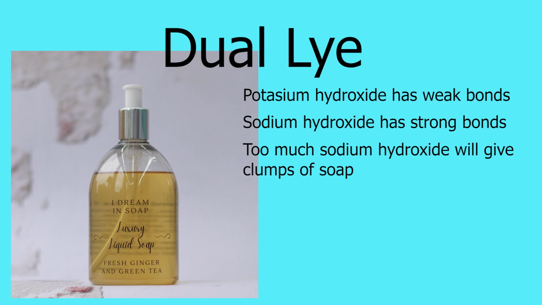So if you just literally make a liquid soap with sodium hydroxide, what will eventually happen is all the particles of the soap will actually get drawn together and you'll end up with a sediment, a gloopy sort of soap and not a nicely dispersed soap.